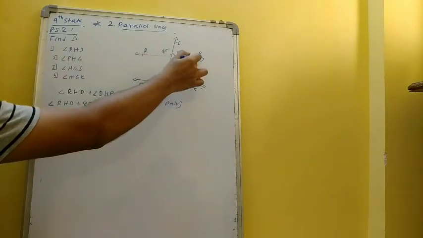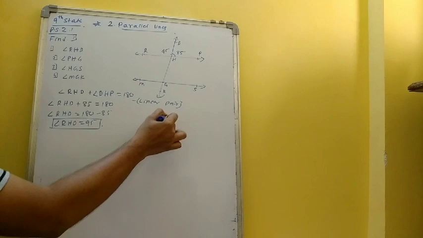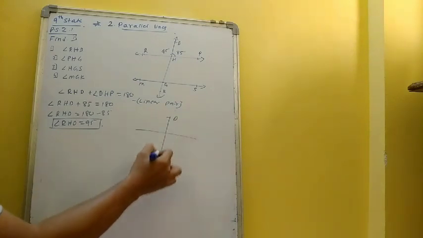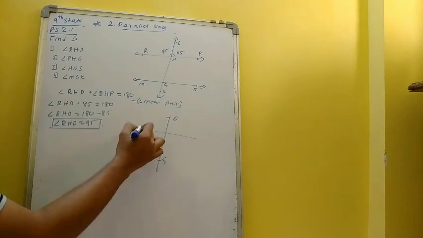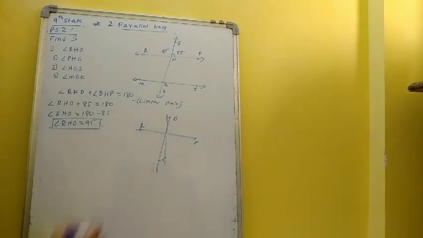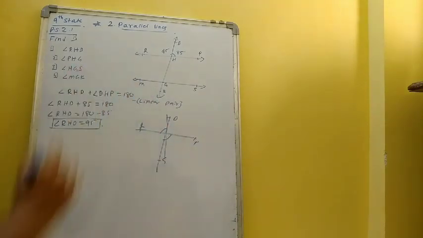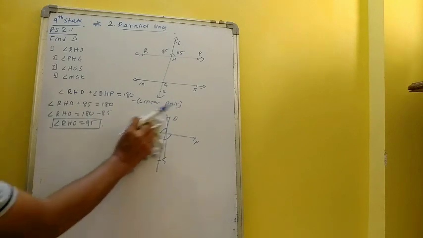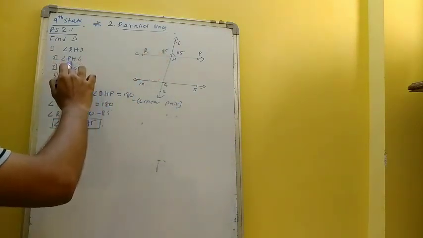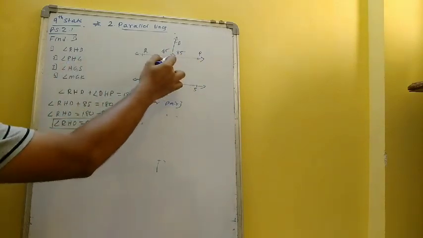PHG. Okay, you can see this is DG in the question, and this is RP. So I can say that these two are intersecting lines, therefore this angle and this angle will be congruent, vertically opposite angles. So we need to find out PHG.